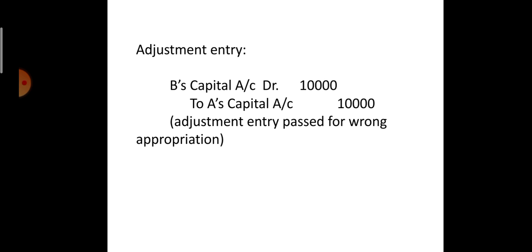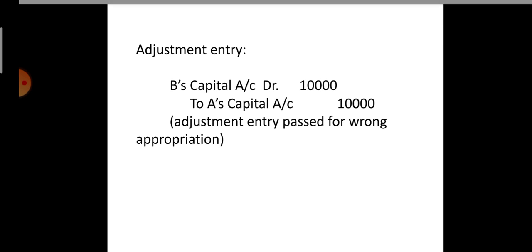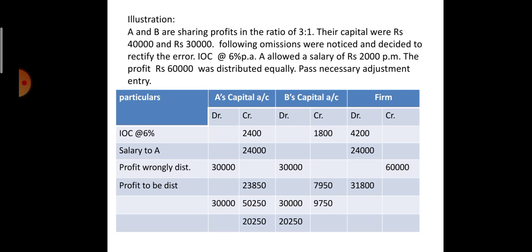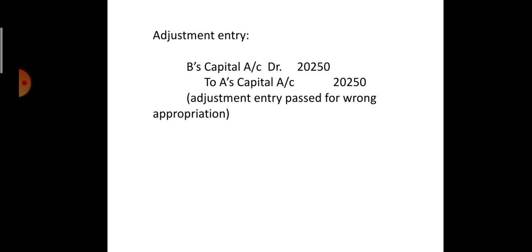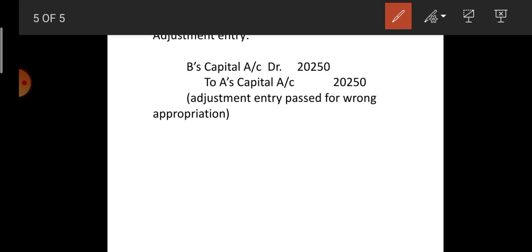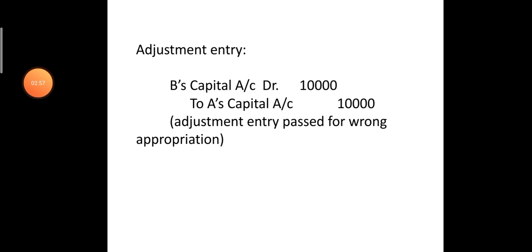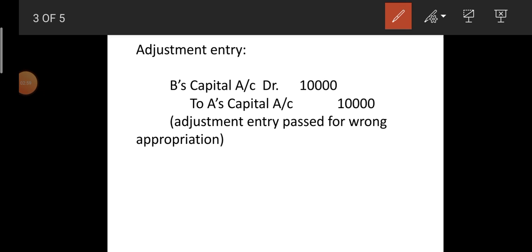See the adjustment entry. B is debited by, oh, that's a mistake. See, B's capital account is debited by 10,000 rupees and A's capital account is credited by 10,000 rupees.